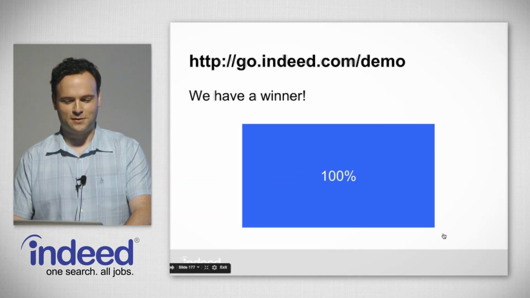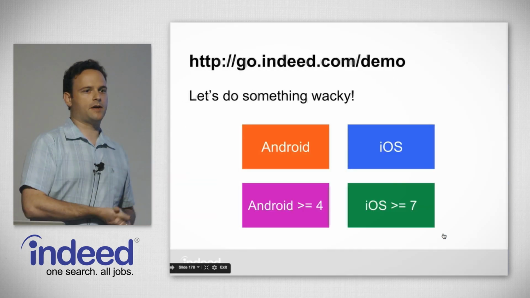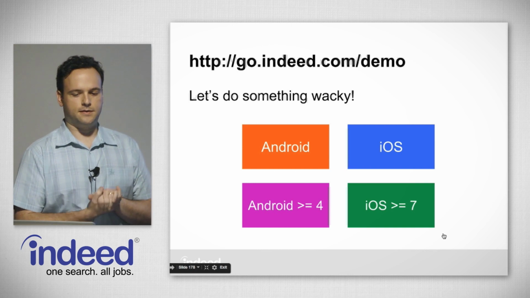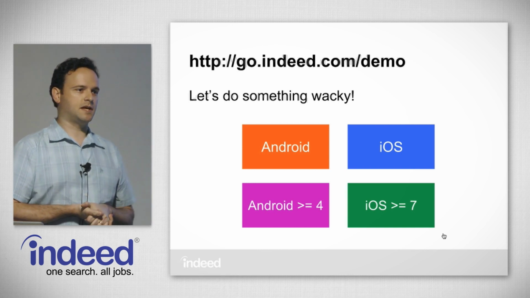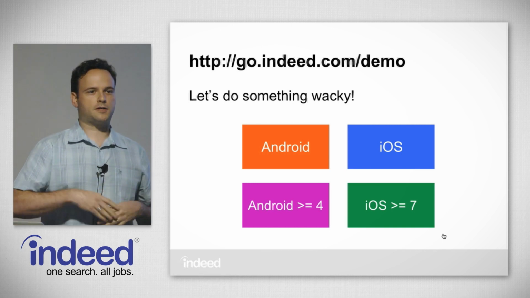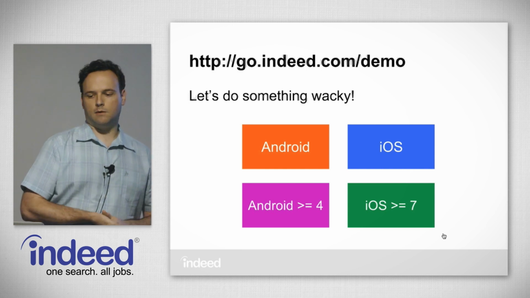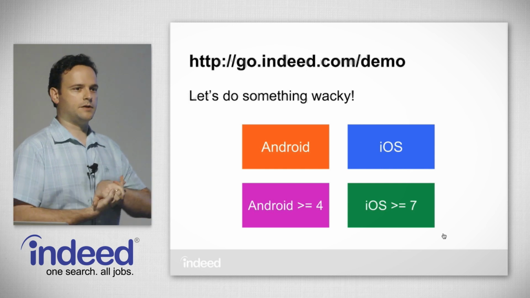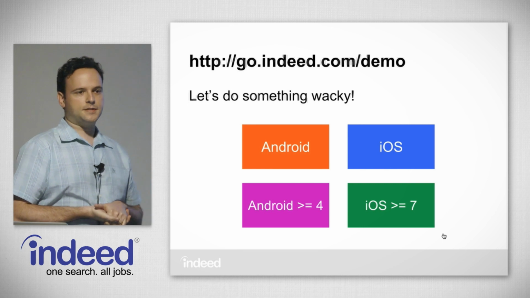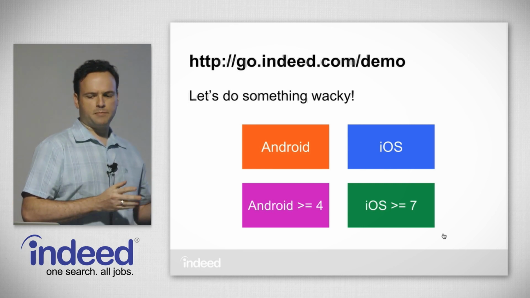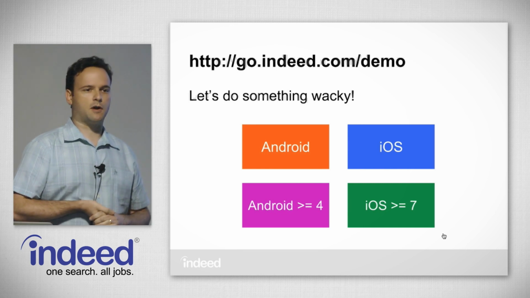Okay, now that was fun. And now let's do something wacky. Let's forget about the percentage allocations and just use Proctor to do something contextual, which is we're going to use the user agent on all of your devices. And we're going to split it up into the 4 colors that we have defined with our payloads.